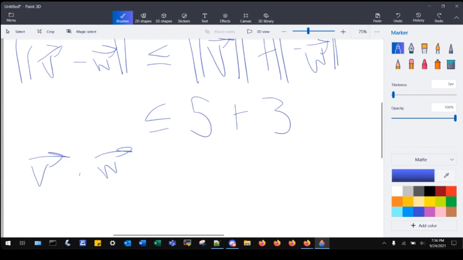The dot product of V and W is between negative 15 and 15, open interval or closed interval, because 15 is just 5 times 3.